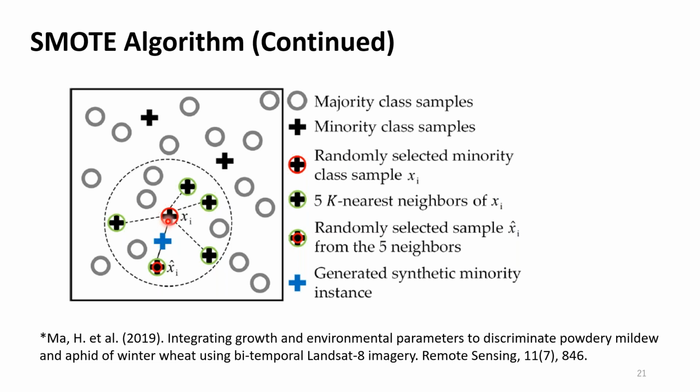Interpolation means that between the first one and the randomly selected one, a new artificial sample is interpolated. This is the structure of a SMOTE process. Like this, using these processes, the minority class is increased.